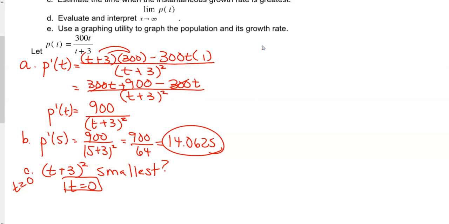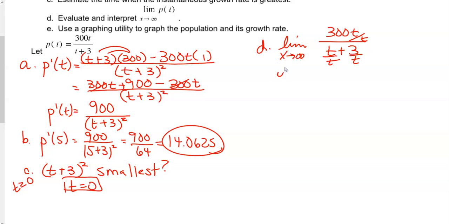We want to then evaluate and interpret the limit as t goes to infinity of our P of t. So that's 300t all over t plus 3. Now this is a limit at infinity, which warrants our horizontal asymptotes. So remember, as we go to infinity, we take the highest power in the denominator and divide by that.